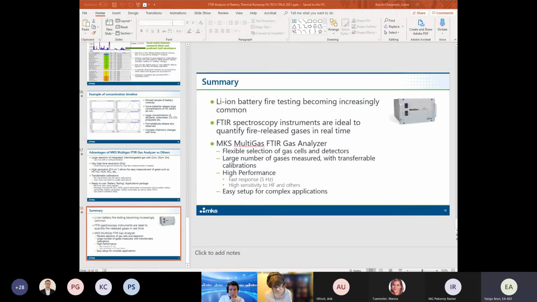Have you done any research on how fast-lived components may be detected, or what the optimal travel distance is between the source and the detector? Between the fire source and the instrument.